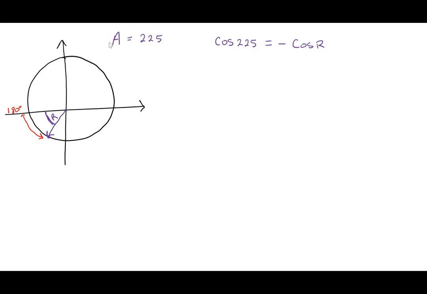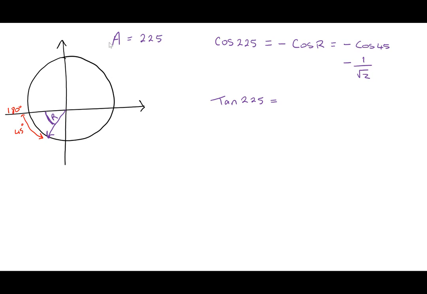So it's an additional 45 degrees. So cos of 225 is equal to minus cos of 45. Again, if you look at your log tables, that will give you a value of minus 1 over root 2. If I was to look for tan of 225, in this case, tan is positive in the third quadrant.